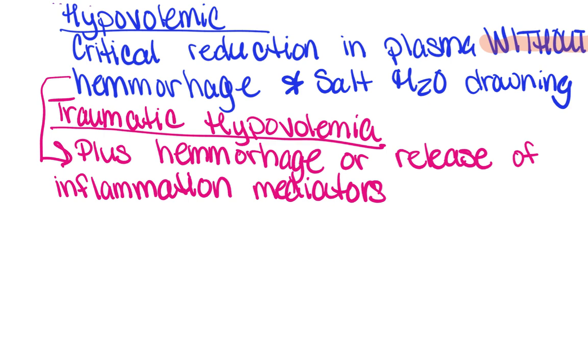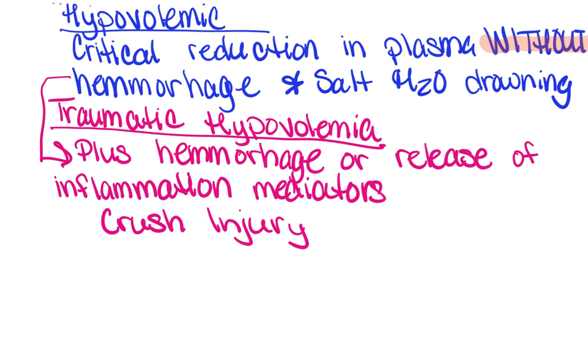So traumatic hypovolemia is, again, a critical reduction in plasma, but they're also going to have either a hemorrhage or they're releasing inflammation mediators. So they're causing more swelling. An example of this is going to be a crush injury. A crush injury happens, for example, when somebody is pinned between a rock and a car or in between 2 rocks, and there's a lot of pressure coming to that area of the body that is crushed.